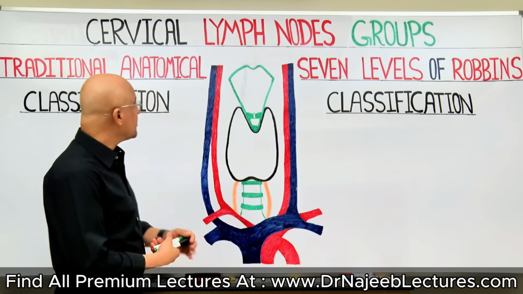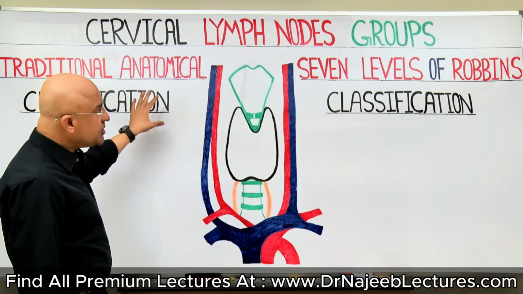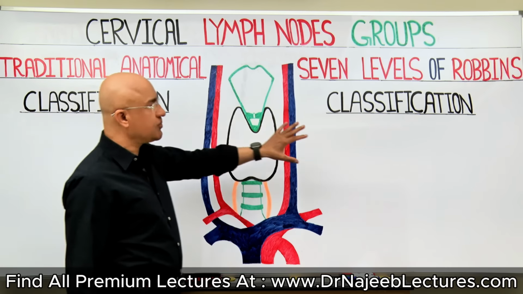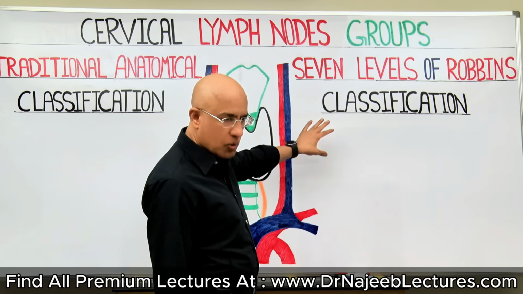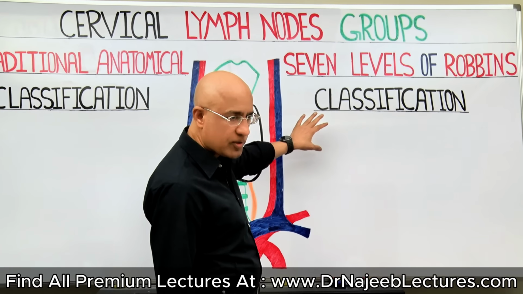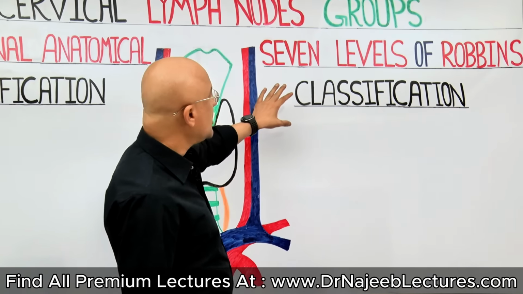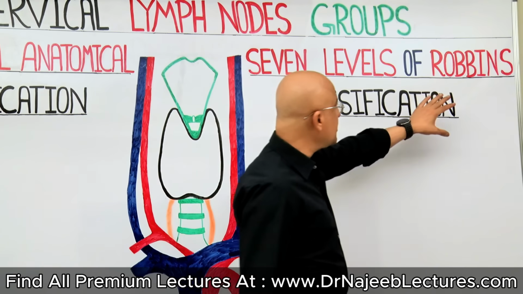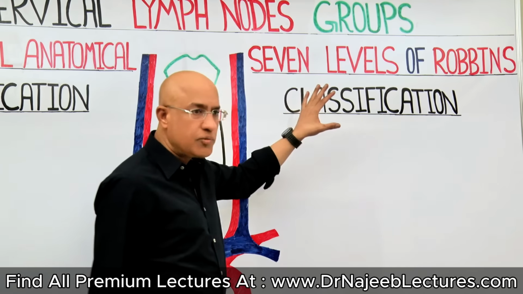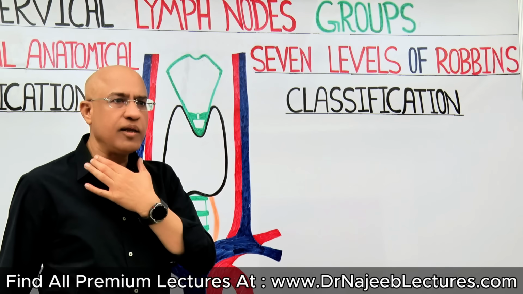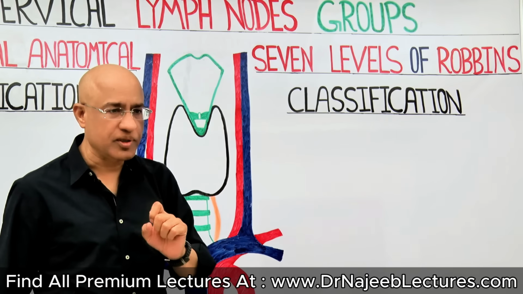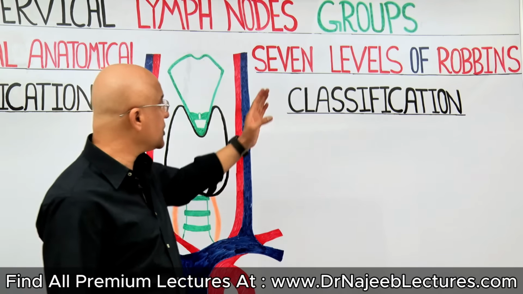But these days, there is a modern classification being used, especially by surgeons and radiologists, and that is Robbins' classification, in which we divide the lymph nodes of the neck into 7 groups, 7 levels basically.